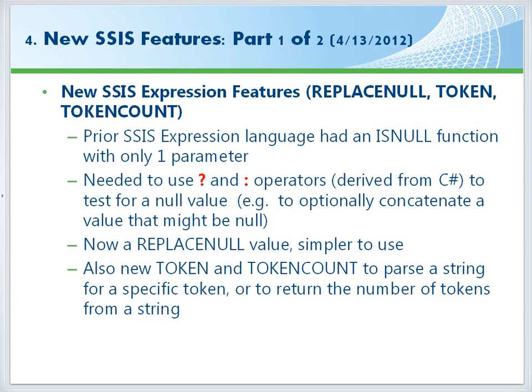If you've ever had to parse strings before inside the pipeline, either using a script or using T-SQL code or trying to come up with a really complicated expression, this is obviously a little bit easier to use. Next week when I actually build a package, I'm going to show an example of this, but you can probably take a guess on how these are going to work. So, new expression feature capabilities in SSIS.